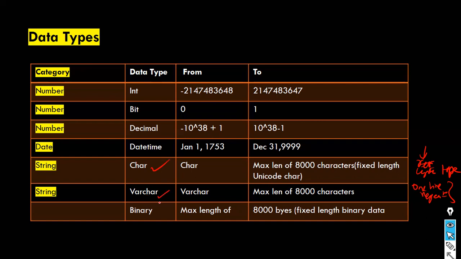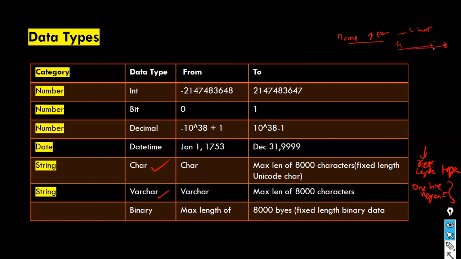Whereas in the case of varchar, or for example, if you use char for the name of a person, the length of different people's names varies by person. Some people's names will have only 4 letters, and some will have 25 letters.